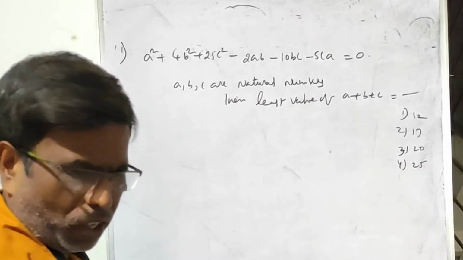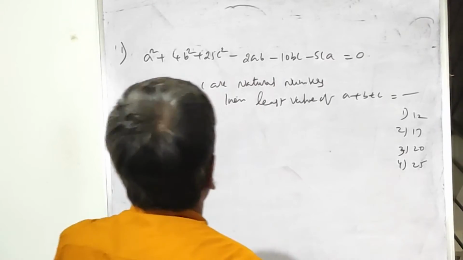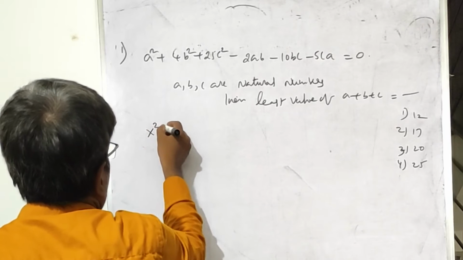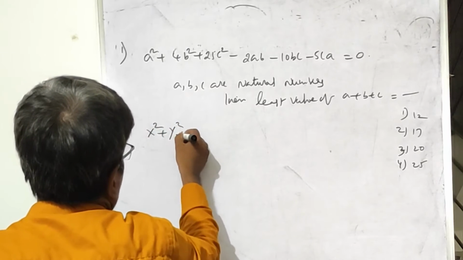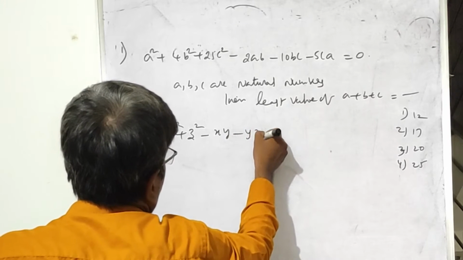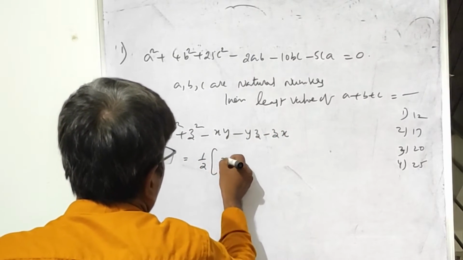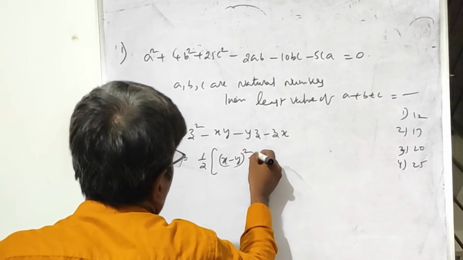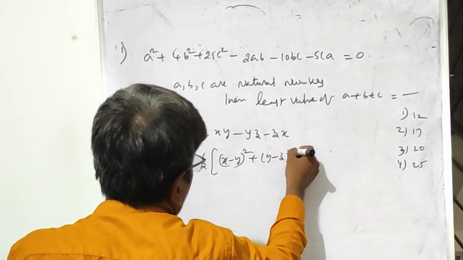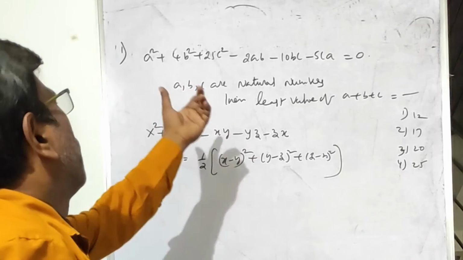Let me explain this question. I already know the formula, and I will explain it once again: x square plus y square plus z square minus xy minus yz minus zx is nothing but half into (x minus y) whole square plus (y minus z) whole square plus (z minus x) whole square. Keep this formula in your mind.